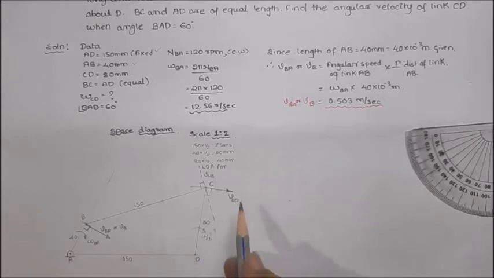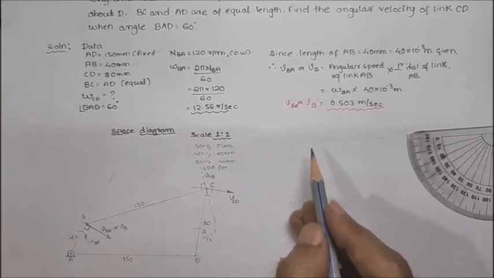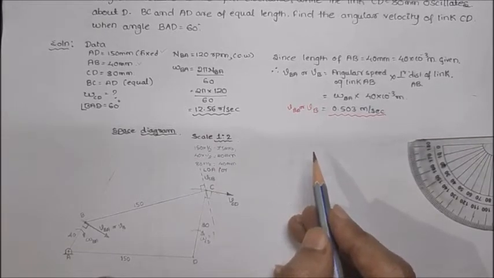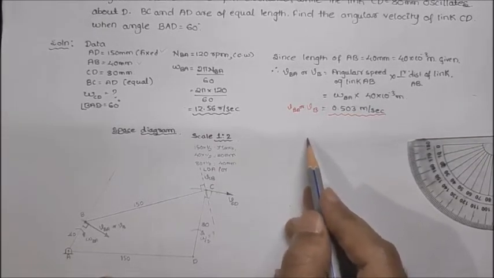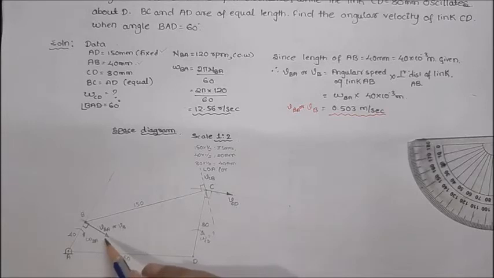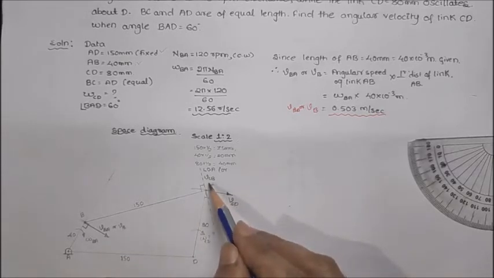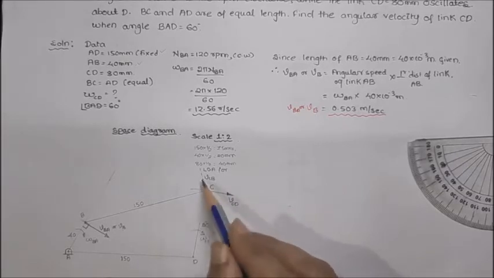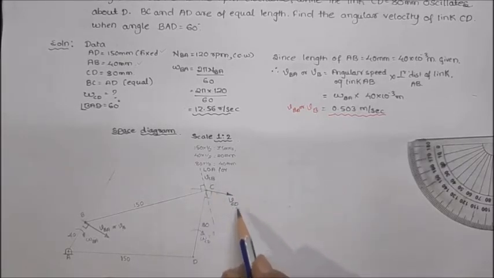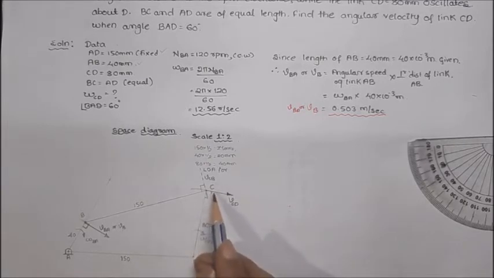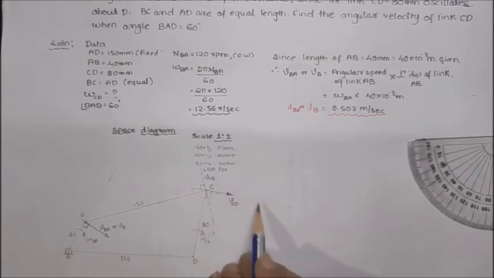For that, to find out the velocity of CD, we have to go for a velocity diagram. One component, velocity of B, is known. Another component, CB, is unknown, but its line of action is known. Velocity of CD, the magnitude is not known, but the direction is known.